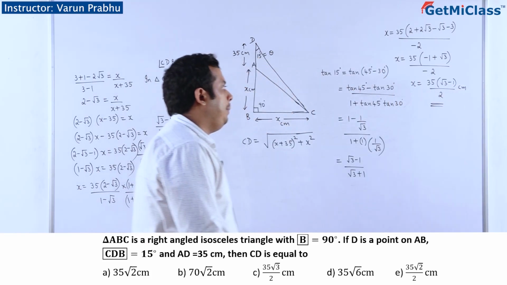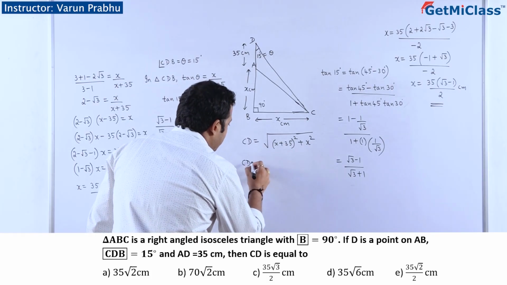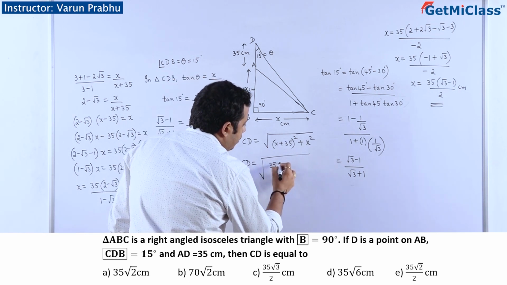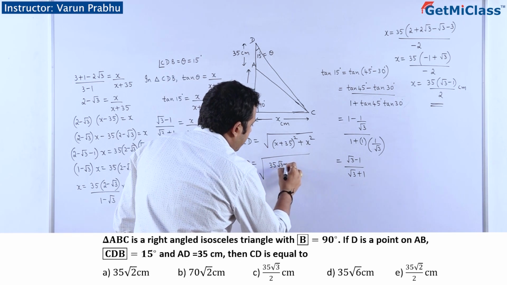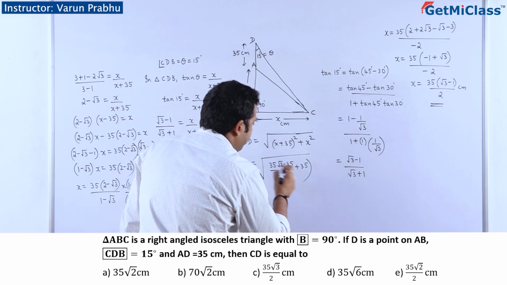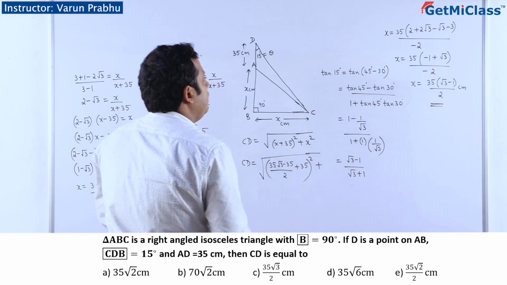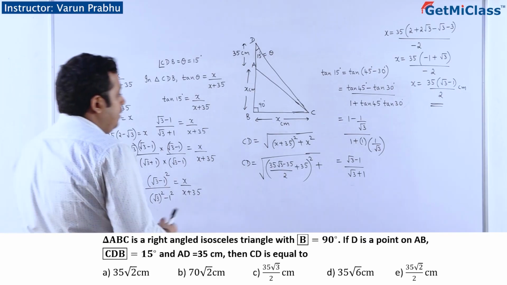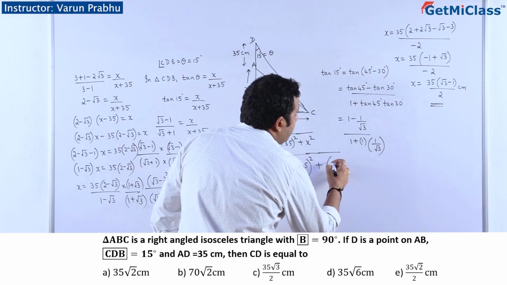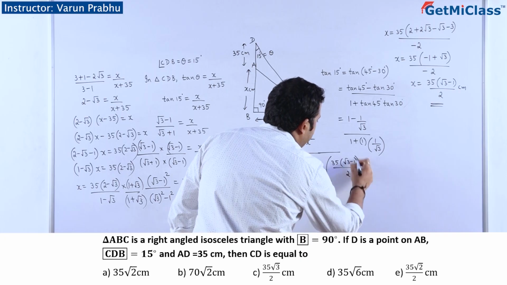So this took a lot of time to calculate. Now you have to just calculate this part. What is the answer that we get? CD is equal to square root of (x plus 35) the whole square plus x square. What is the value of x square? x square will be 35 into root 3 minus 1 divided by 2, the whole square.